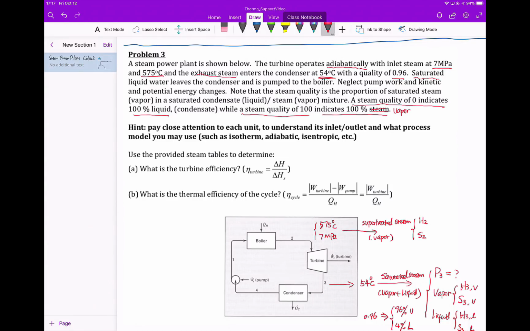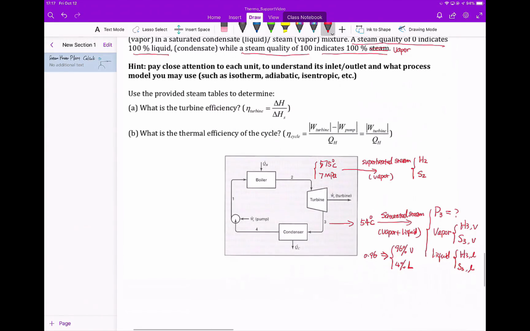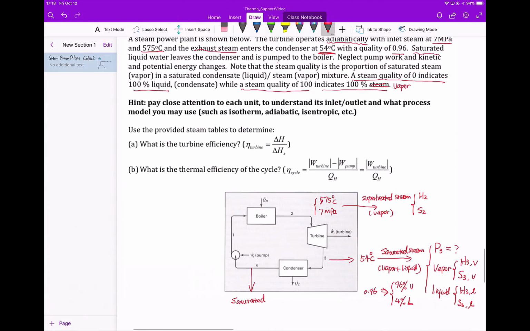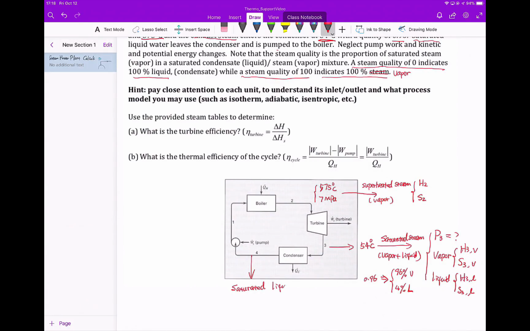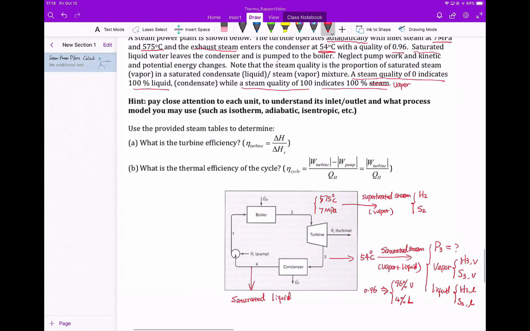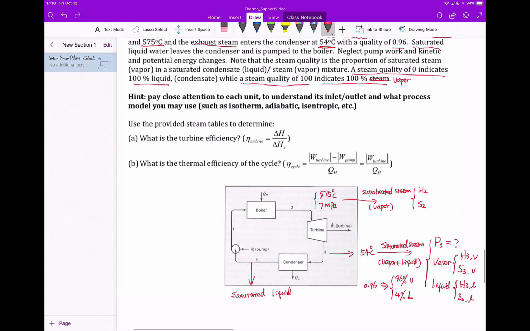I also have saturated liquid leaves the condenser. Saturated liquid leaves the condenser and is pumped to the boiler. So here I'm going to have this as saturated liquid water leaving the condenser and pumped to the boiler.